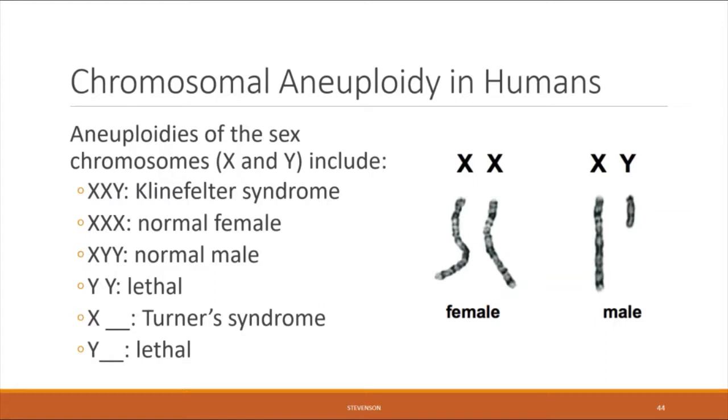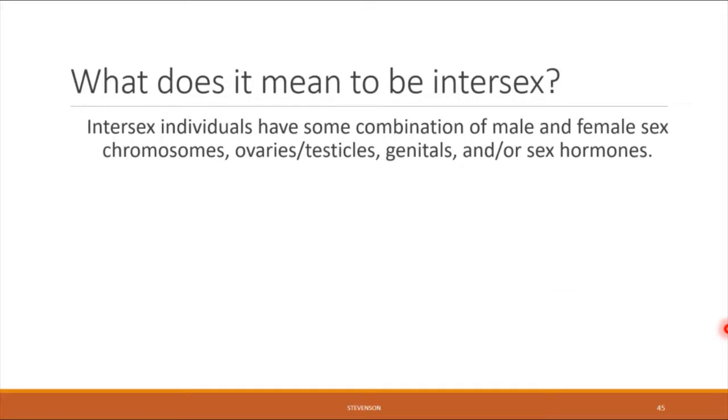So, as you can see, biological sex is not necessarily a black and white sort of division, because there are things like Klinefelter syndrome and Turner syndrome, which represent ways of being intersex, not fully XY, but also not fully XX. And because I've gotten this question before, I've added a slide about it and what it means to be intersex.